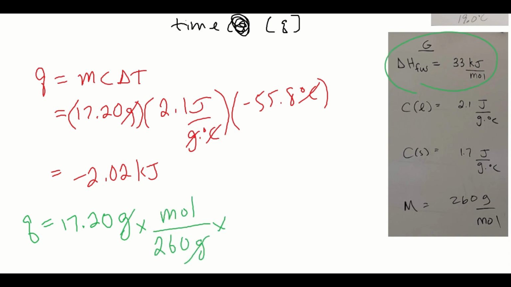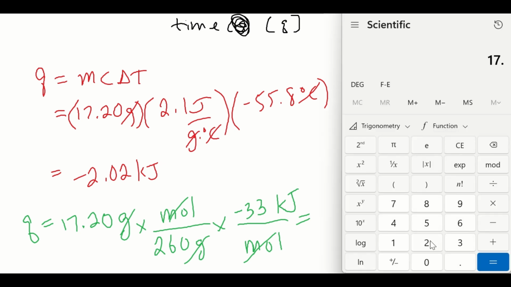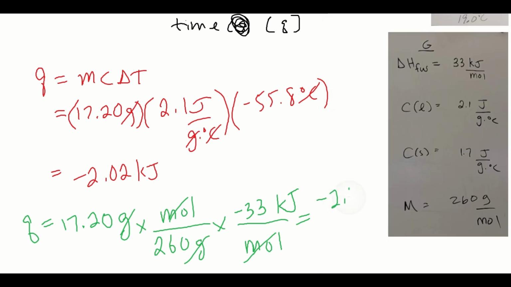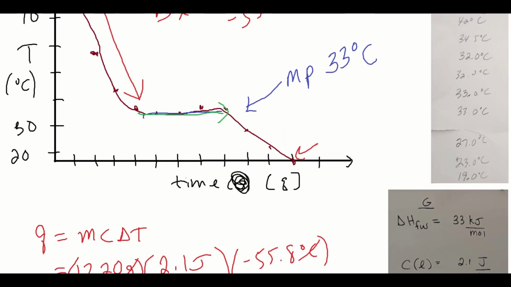And then we can use that heat of fusion. And don't forget to turn that sign to negative. You can use all positive numbers while you're doing your calculations, but just make sure you switch the sign at the end. And this number is in kilojoules, negative 2.18. So that's how much heat was lost in the phase change.